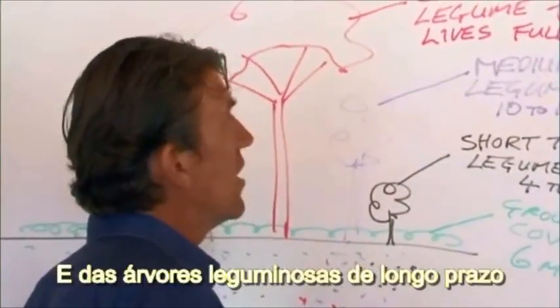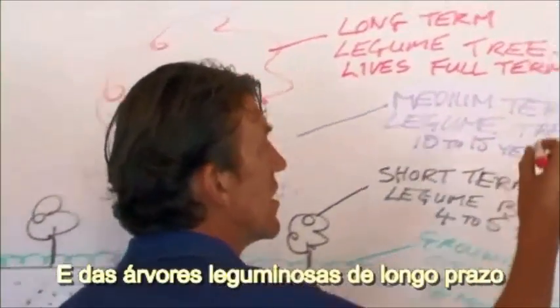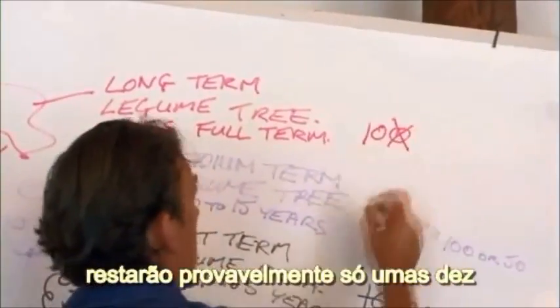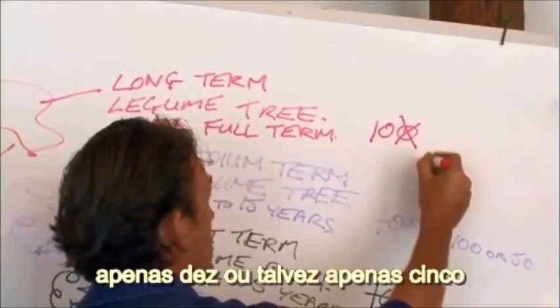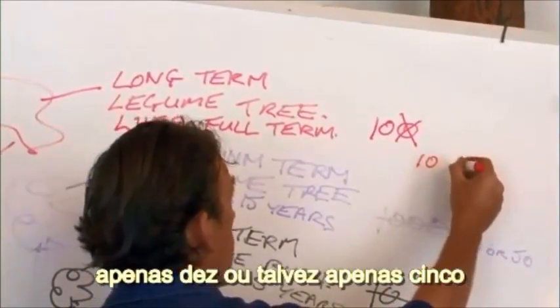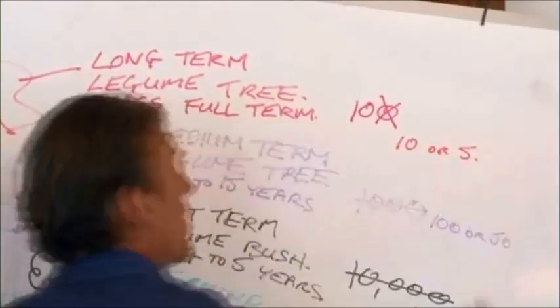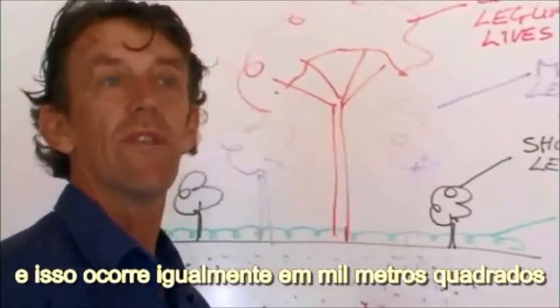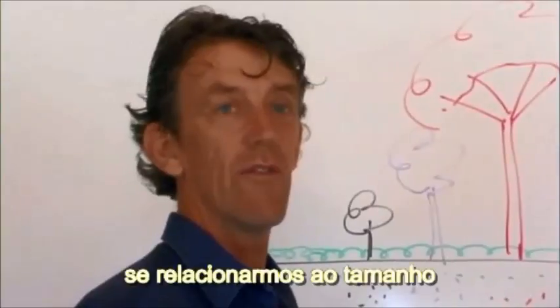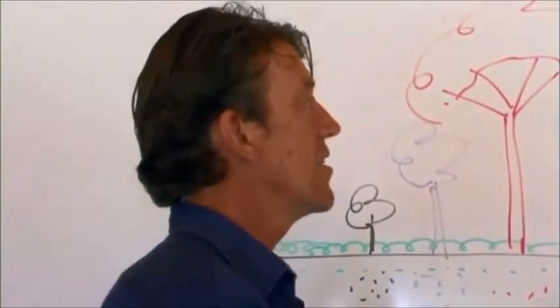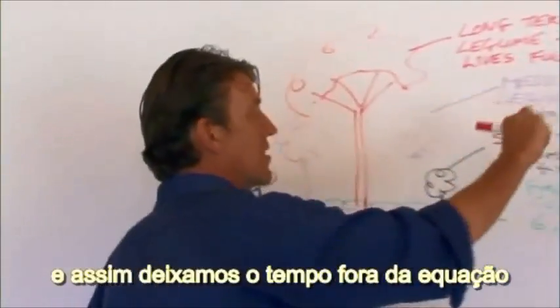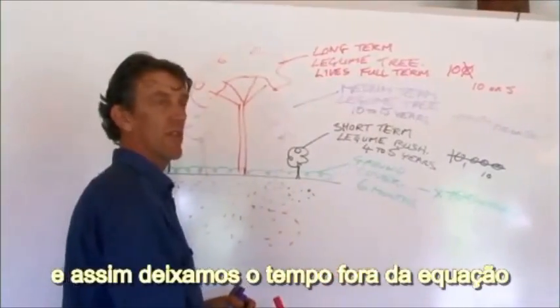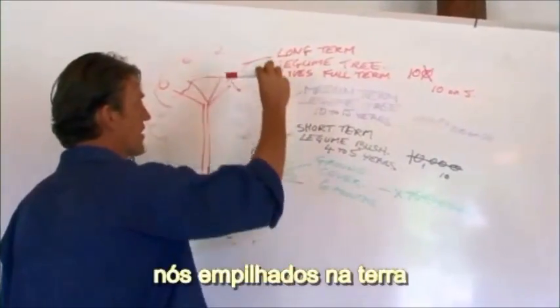And of the long-term legume trees, there's probably only 10 left. Just 10, or maybe even just 5. And that's over 1,000 square meters, if you're relating it to size. So they have time stacked out of the equation. We have overstacked the ground.